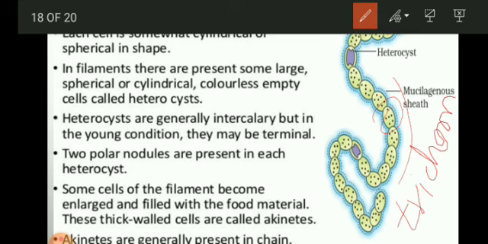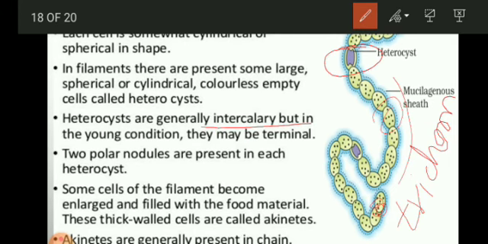This long filament is called a trichome, and the trichome has cylindrical, spherical, and colorless empty cells. These are called heterocysts, and they are generally intercalary, like at some distances in young conditions, but they may be terminal, at the terminals here and here of this filament.